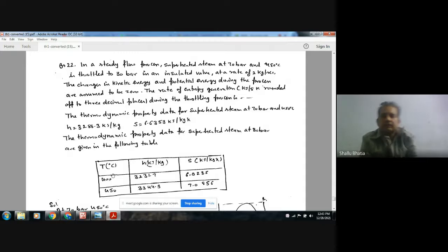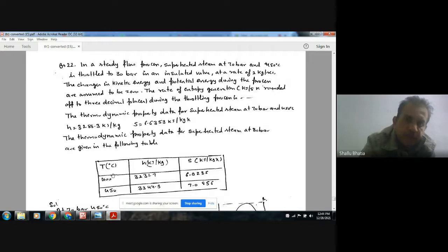The rate of entropy generation in kilojoules per second per degree Kelvin, rounded to 3 decimal places, is what we have to calculate. Initially the steam is at 70 bar and 450 Celsius, and finally it is throttled to 30 bar, and the mass flow rate is 2 kg per second.